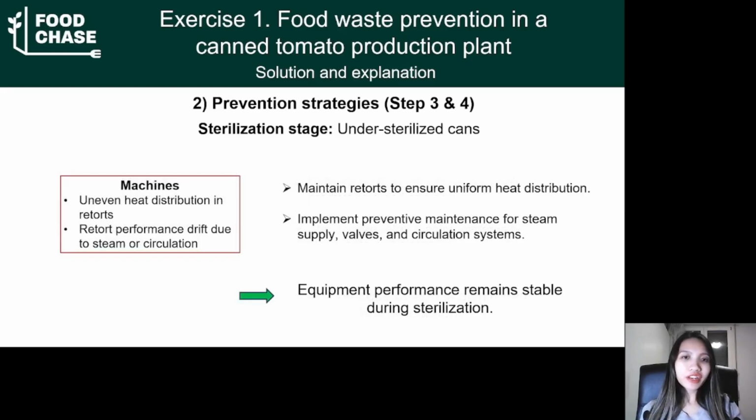For the machine issue, maintain the retort to ensure uniform heat distribution, or implement preventive maintenance for steam supply, vents, and circulation system. In this way, equipment performance remains stable during sterilization.